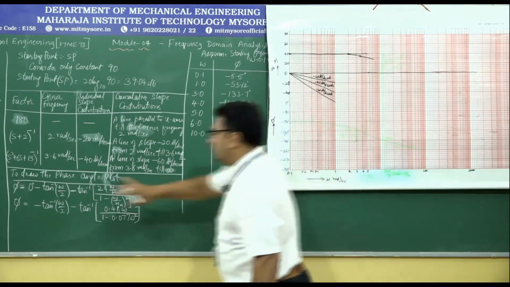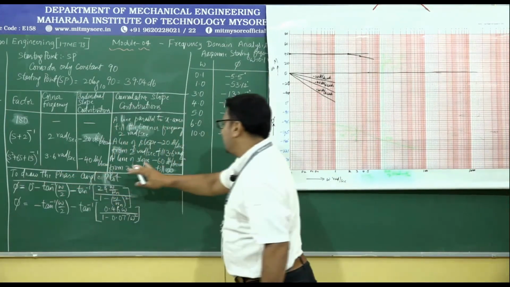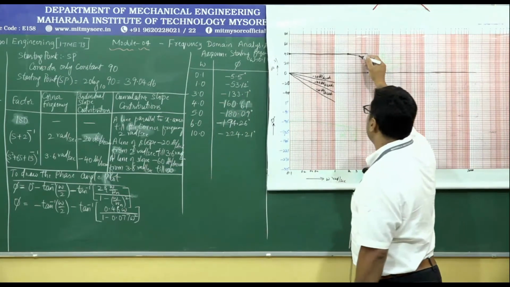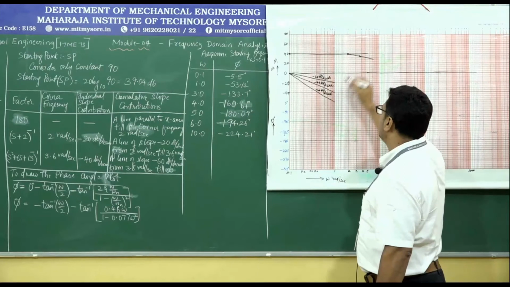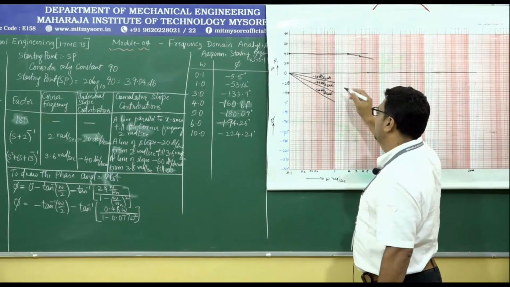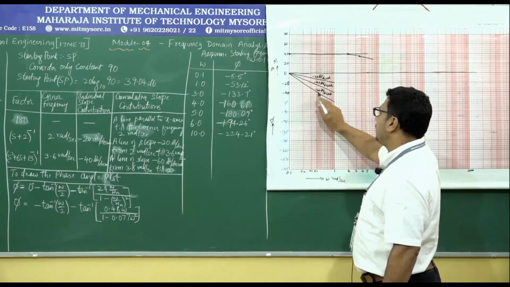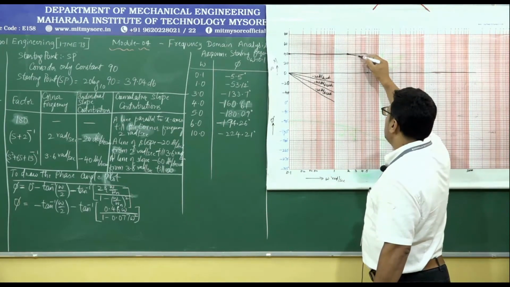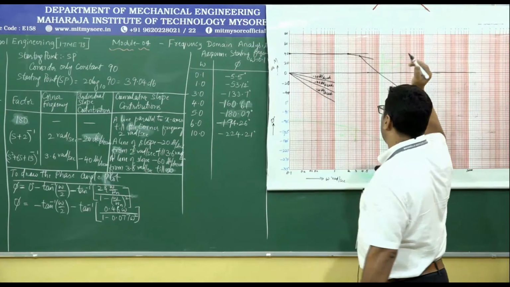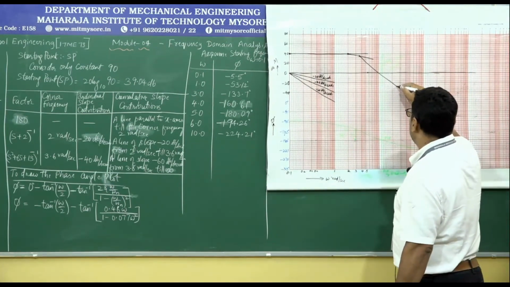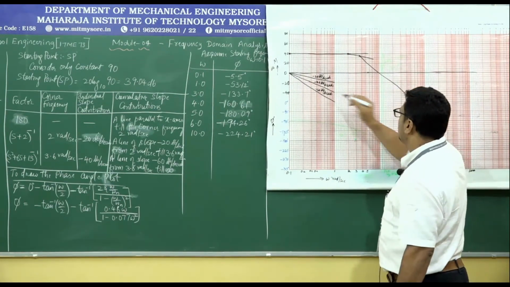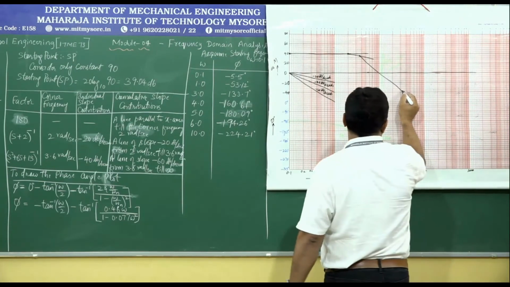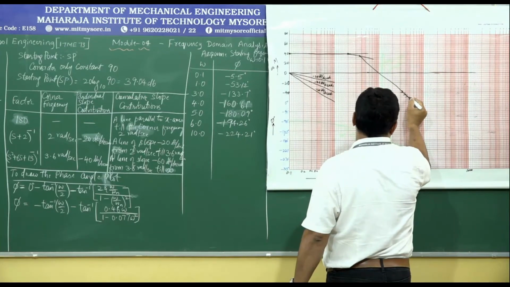Then for this factor, it will be a line of slope minus 60 decibels per decade. From this point, you need to draw a line which is parallel to this line, because you have to draw a line of slope minus 60 decibels per decade. This is the line of minus 60 decibels per decade, because of which you need to draw a line from here in this direction, which should be parallel to this line. Okay. Now, how long it should go? It should keep going.